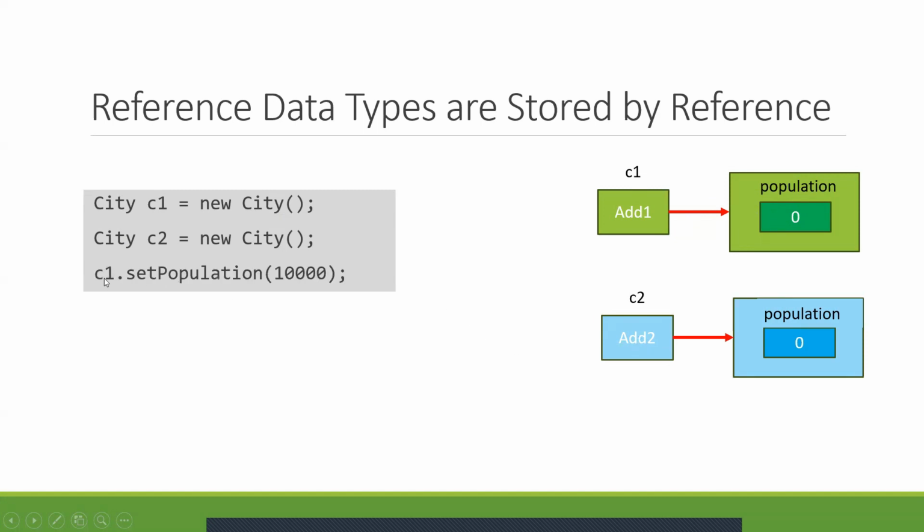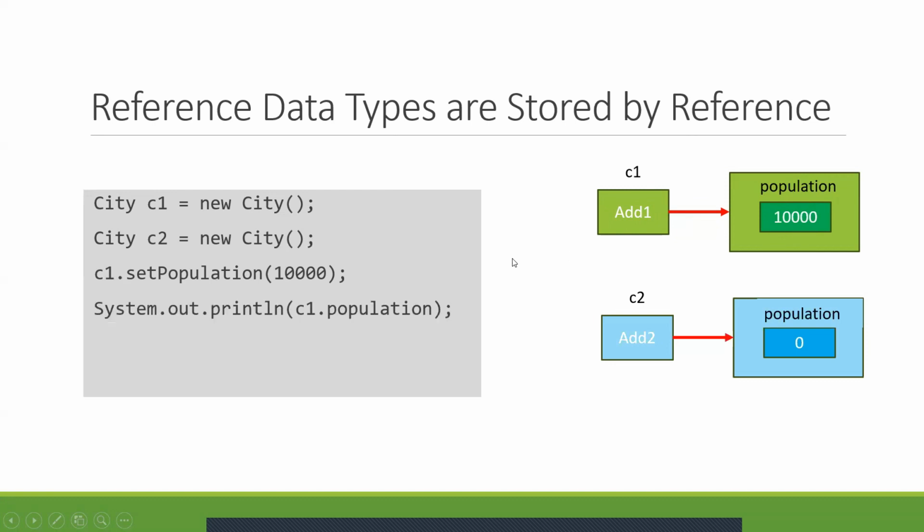Now, if we say C1.setPopulation(10000), so for the object C1, we set the population to 10,000. It goes to C1, finds the address, and from this address it knows how to access the population instance variable, and it sets the value to 10,000. If we print C1.population, what do we get?